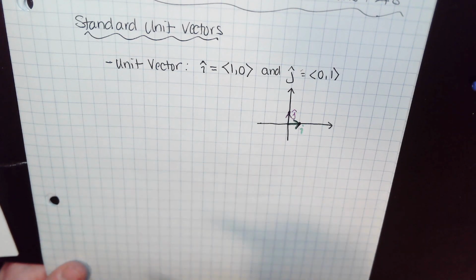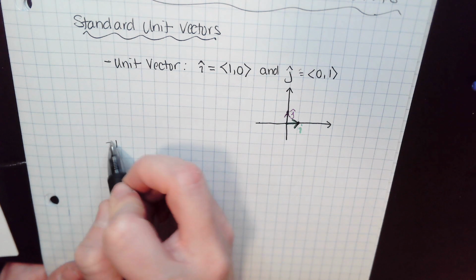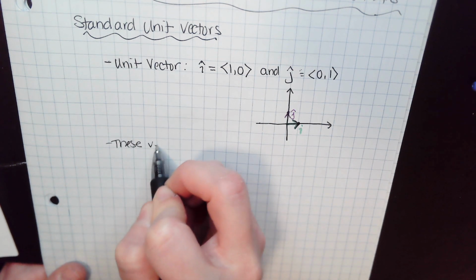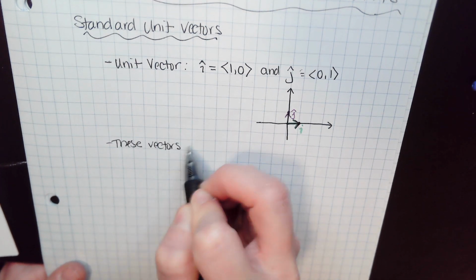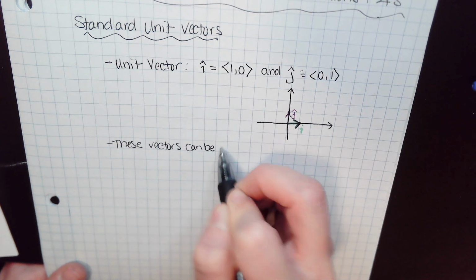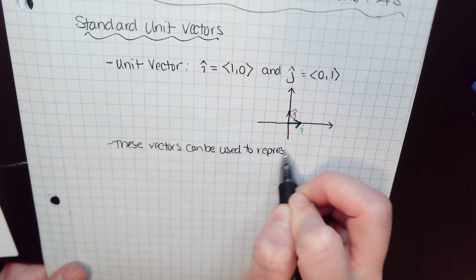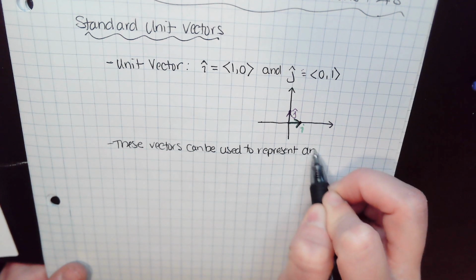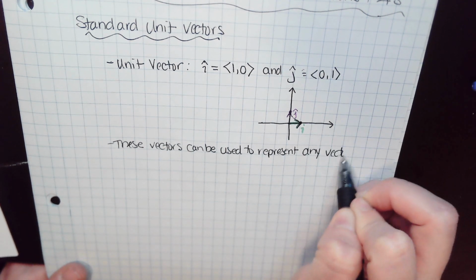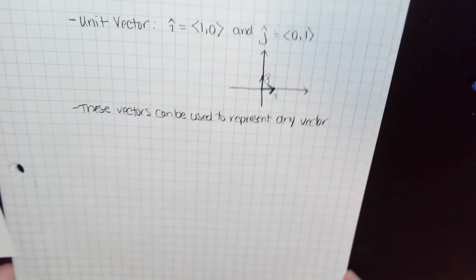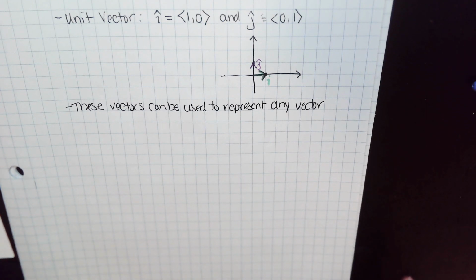All right, these vectors can be used to represent any vector. So this is where our linear combination comes from, these unit vectors.